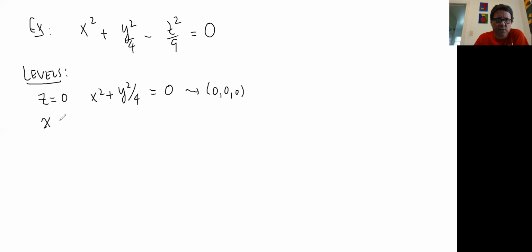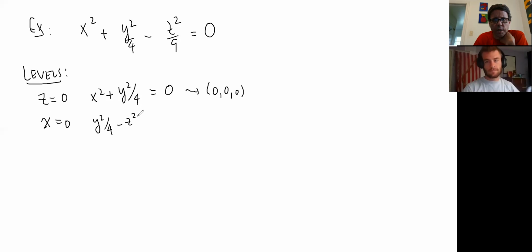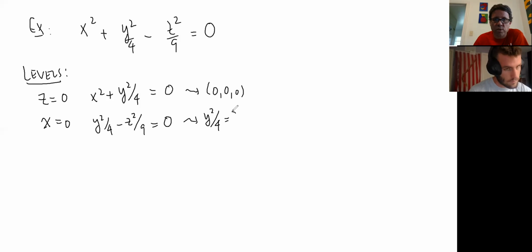What about if x is 0? Then we get y squared over 4 minus z squared over 9 is 0. Not equal to 1 this time, it's actually equal to 0. Bring this to the other side: y squared over 4 equals z squared over 9. Then just take square roots of both sides.